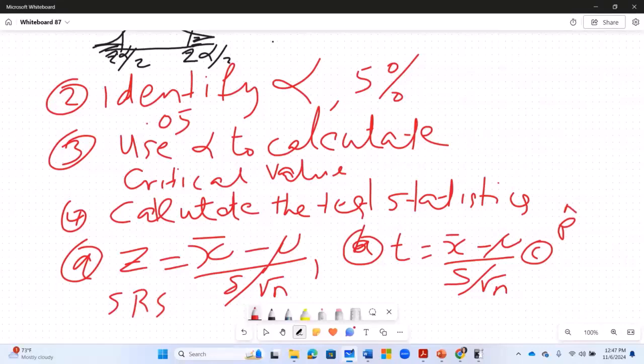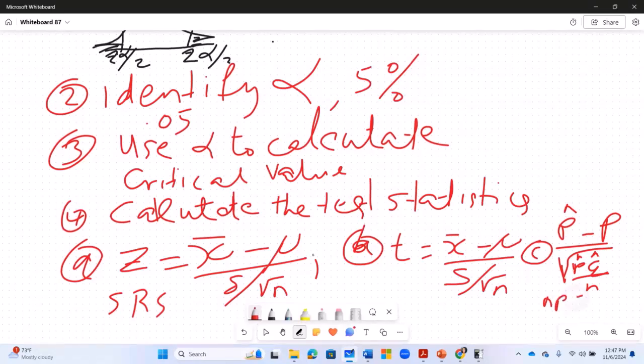So p hat minus p, where p hat is, remember, the sample proportion, minus population proportion, all over NPQ. We can just write p hat times q hat over sample size, where the conditions for converting from binomial to normal are already met.